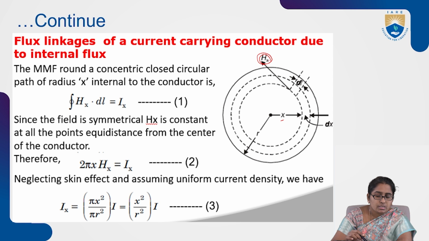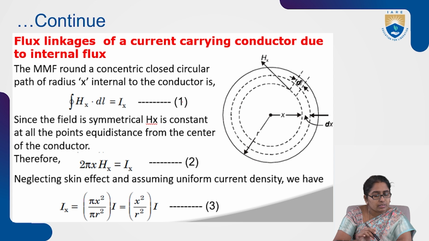So this Hx expression is given like this. To get the expression for Hx, the MMF around a concentric closed circular path of radius x internal to the conductor is the integral of Hx dl equal to Ix.